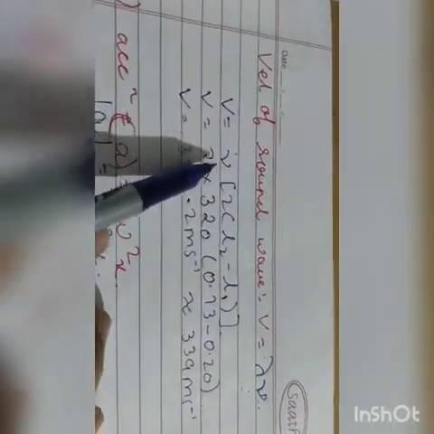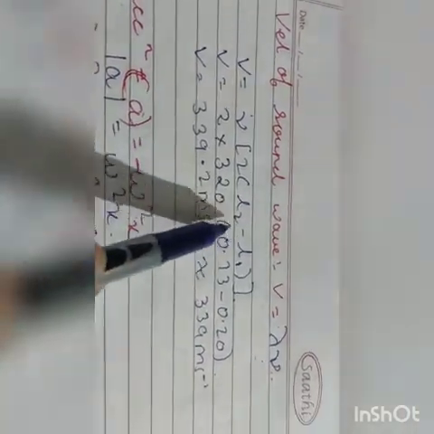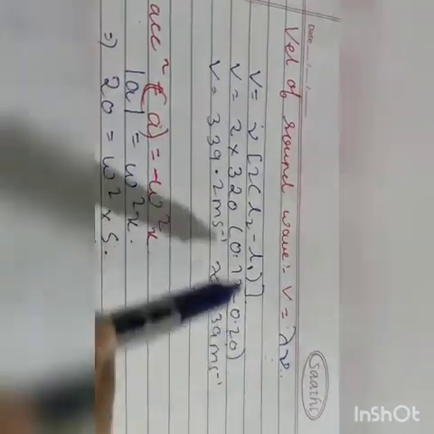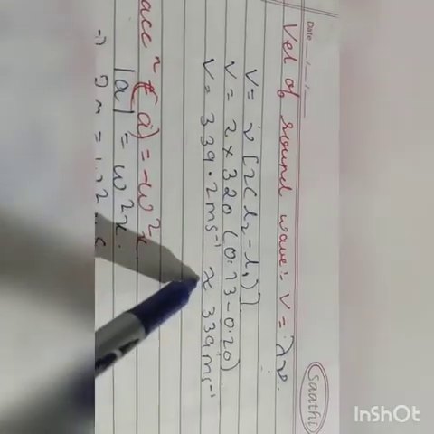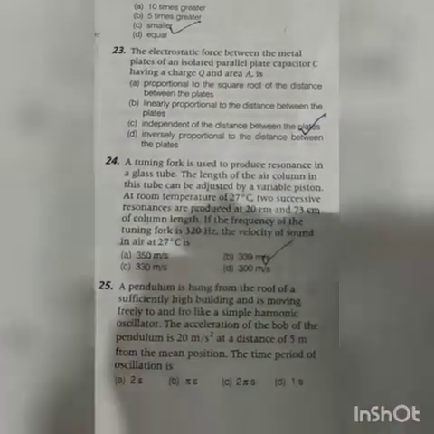So it comes out to be 2 here. The value of nu is given, 320 Hertz, and L2 minus L1 is 0.73 minus 0.20. So V comes out to be 339.2 meter per second. That is 339 meter per second.